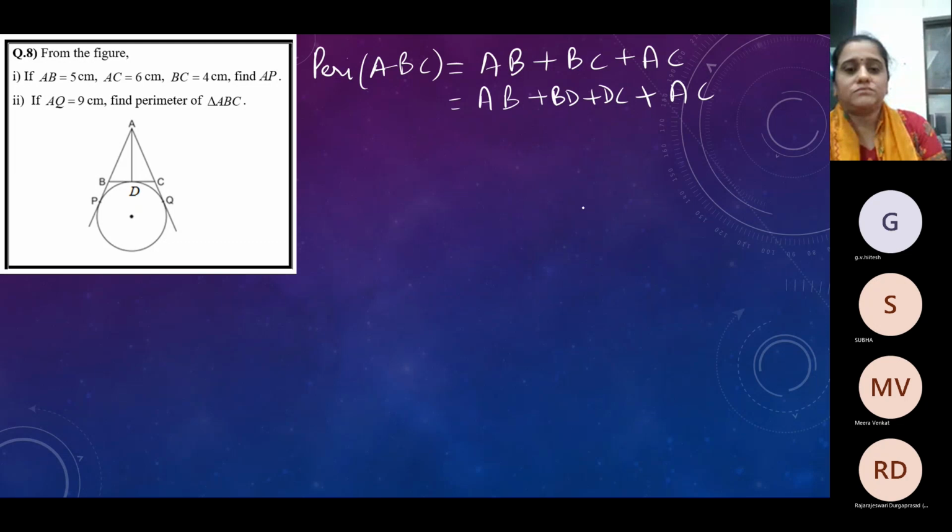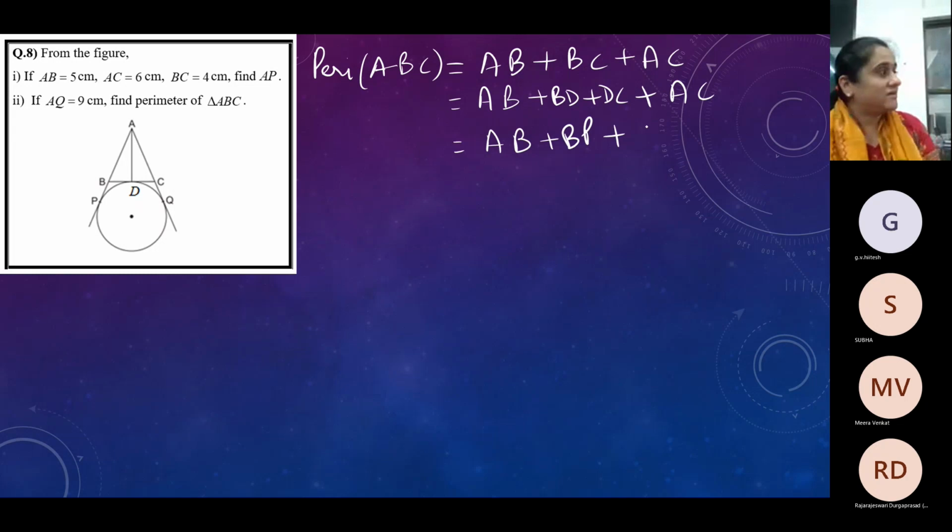Now, BD can be written as BP. Very good. DC can be written as CQ.